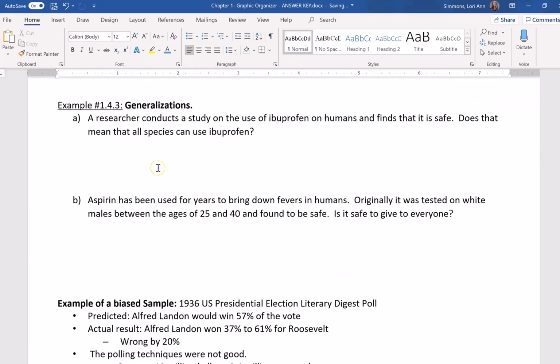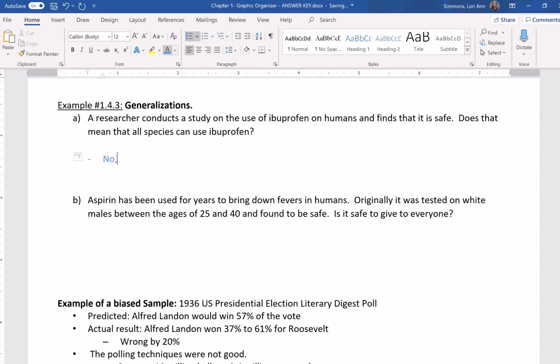Okay, moving on to generalizations. A researcher conducts a study on the use of ibuprofen on humans and finds that it's safe. Does that mean that all species can use ibuprofen? Okay, if you go back up to generalizations, know that because it was proven safe on humans does not mean you can apply it to other species.